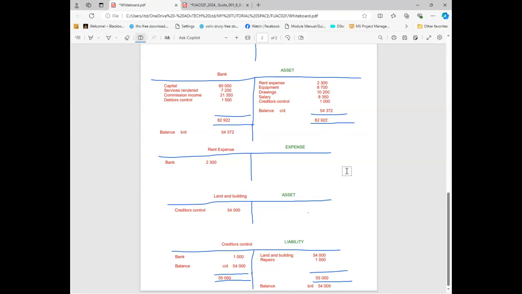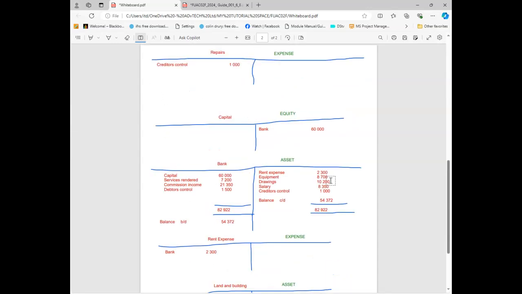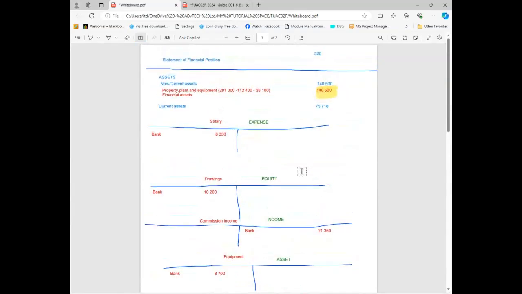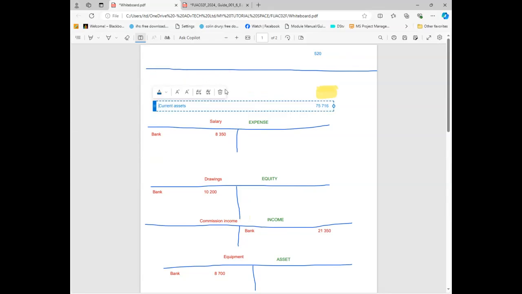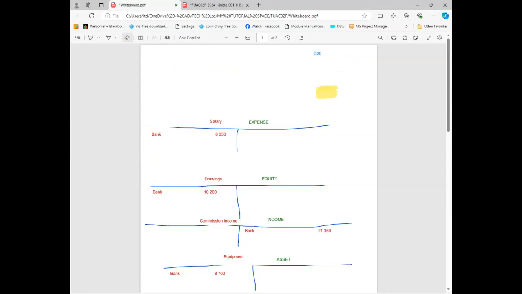After doing this, it means we can easily come and draw what we call the statement of financial position. Are you with me, guys?